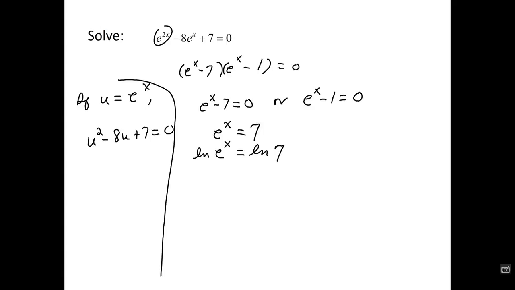And what do we have? X multiplying by the exponent. We have x times the natural log of e is equal to the natural log of 7. The natural log of e is 1, so we have x times 1, which is x, so x is equal to the natural log of 7. All right?